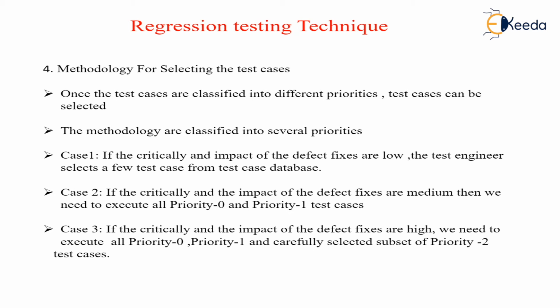That is my TCDB. Now my case 2: if the criticality and impact of the defect fixes are medium, then we need to execute all priority 0 and priority 1 test cases.